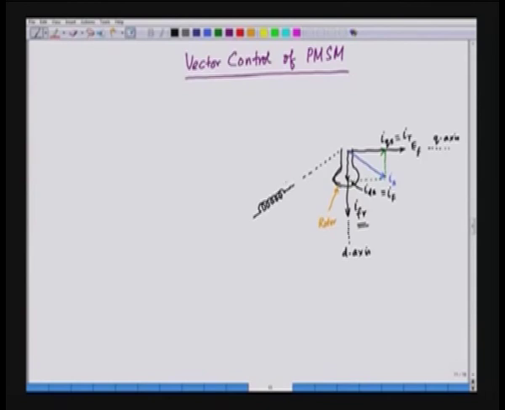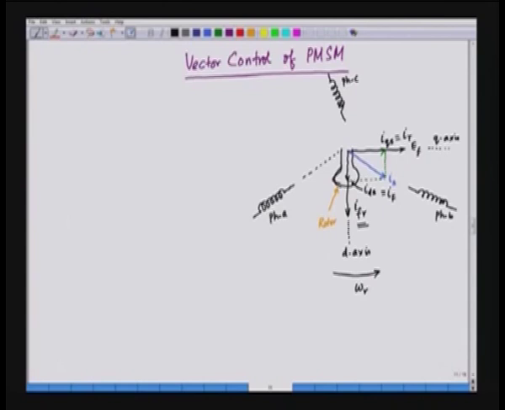This could be phase A, and phase B could be shifted from this by 120 degrees, and phase C is shifted again by 120 degrees. So, this winding is phase A, this winding is phase B, and this winding is phase C, and the rotor is rotating at a speed equal to omega r. Omega r is the rotor electrical speed.